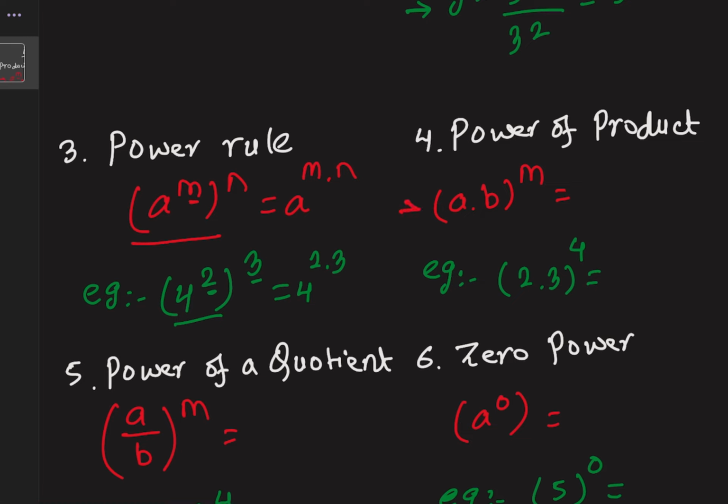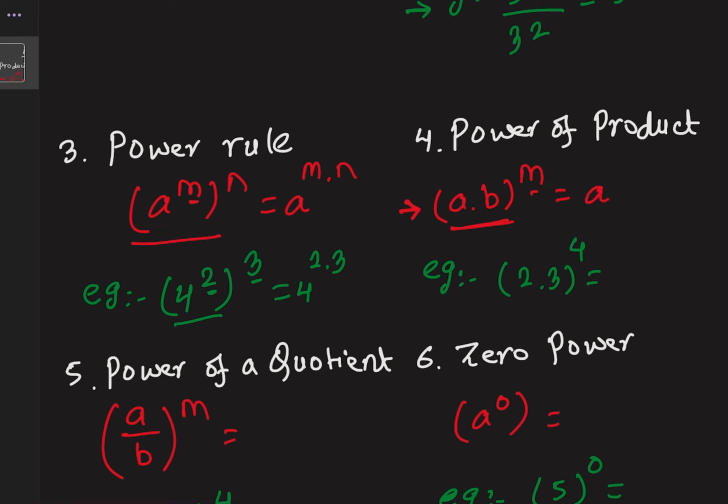Here the expression is a times b raised to the power m. What the power of a product rule says is that when a product a times b is raised to a power, we can apply the exponent to each factor in the product.